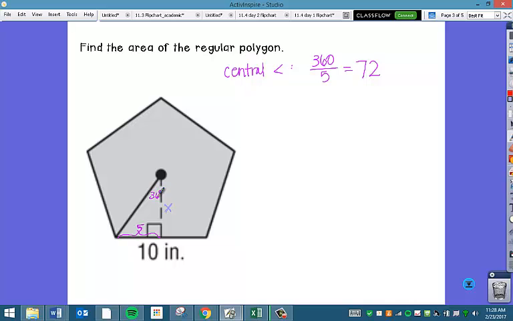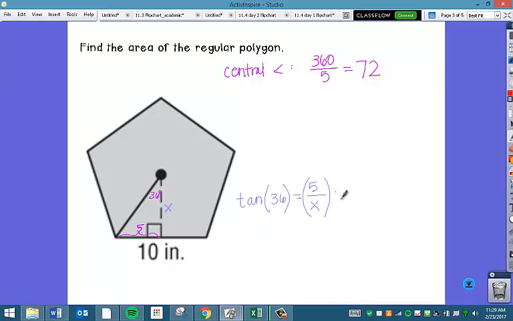Since this angle is 36 degrees, I'm not going to use a special right triangle, but I am going to use SOHCAHTOA. 5 is my opposite side. x is my adjacent side. And so I'm going to use tangent. Tangent of 36 is going to be equal to opposite over adjacent, 5 over x.